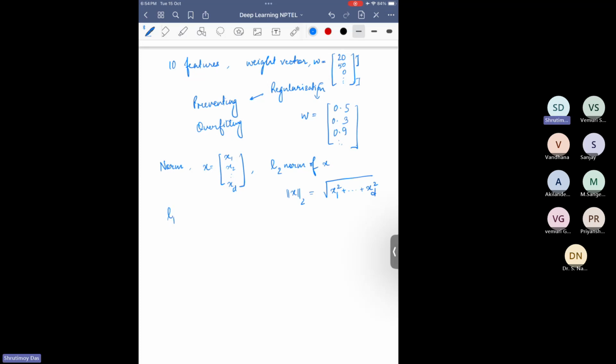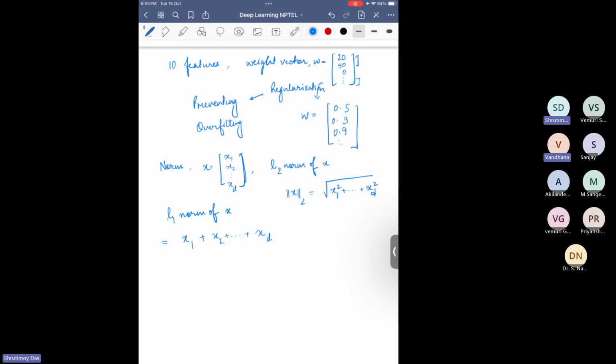And if I say I want to take the L1 norm of x, it is just the sum of the absolute values, x1 plus x2 plus up to xd. So norm is a proxy for the length of the vector, how long your vector is. That is what norm is. But normalization is something else.